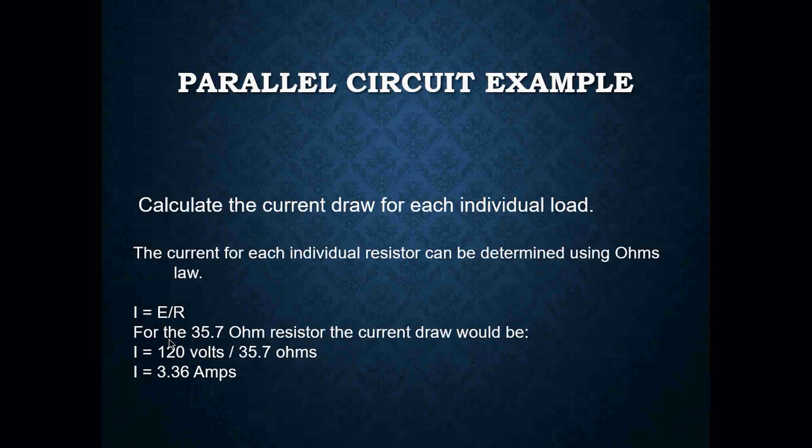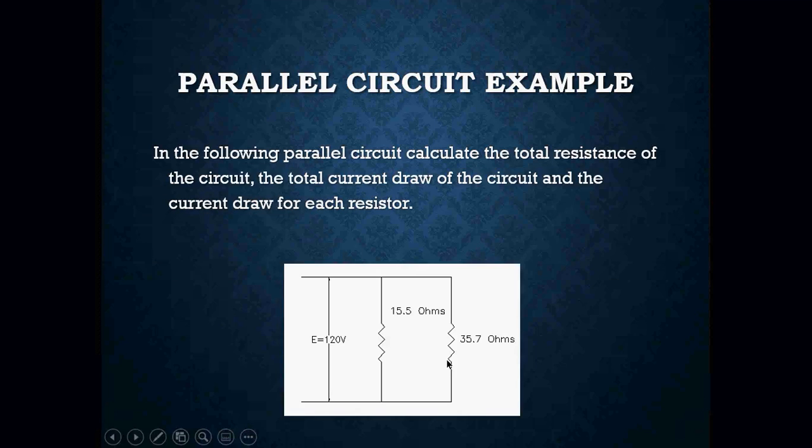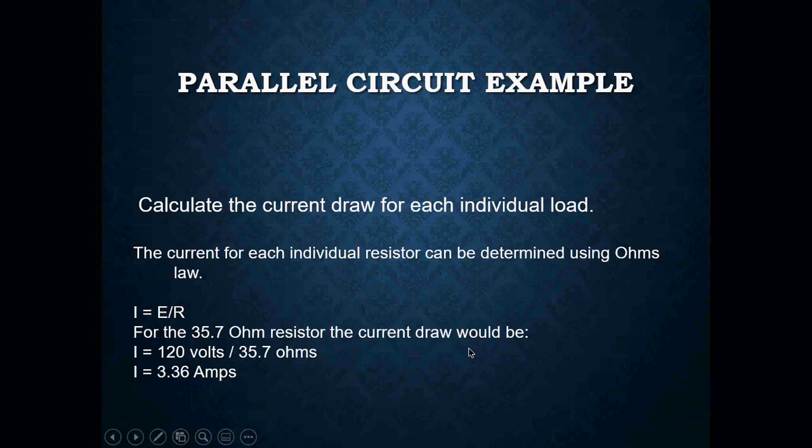When we are doing that, we have to break that circuit down into individual sections. So we're going to focus on the 35.7 ohm resistor, right here. To figure out what the amperage draw of that branch of this parallel circuit would be, we take the 120 volts and divide it by 35.7 ohms.